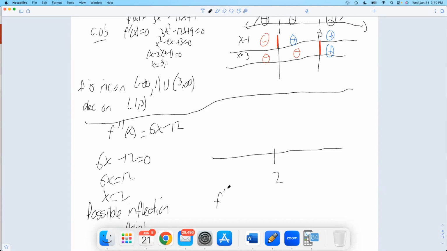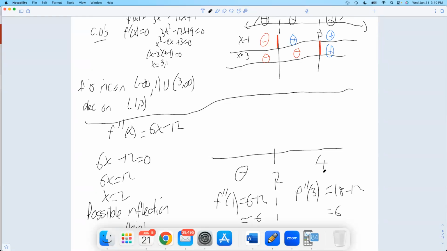So F double prime at anything smaller than 2, say 1, would be 6 minus 12. That would be negative 6. That's a negative. And over here in this region, pick any number, F double prime at, say, 3. That would be 18 minus 12. I don't care what it is. It's 6.